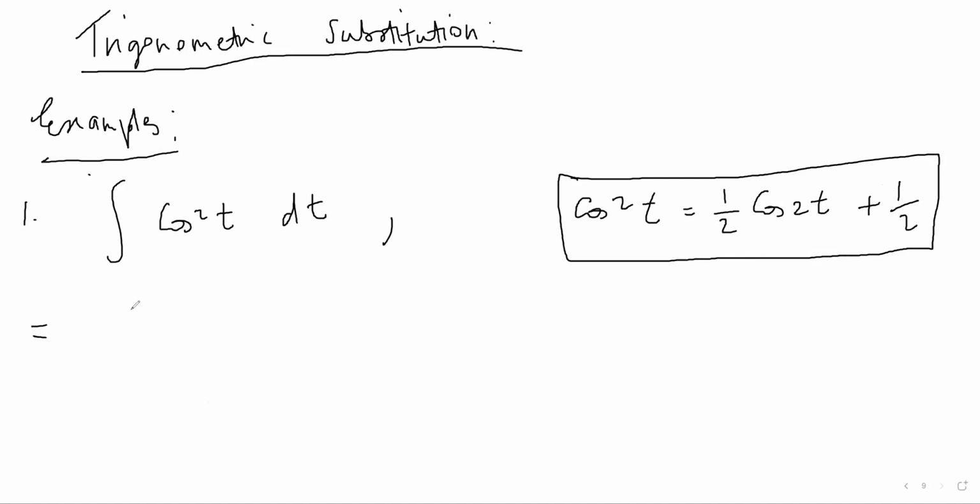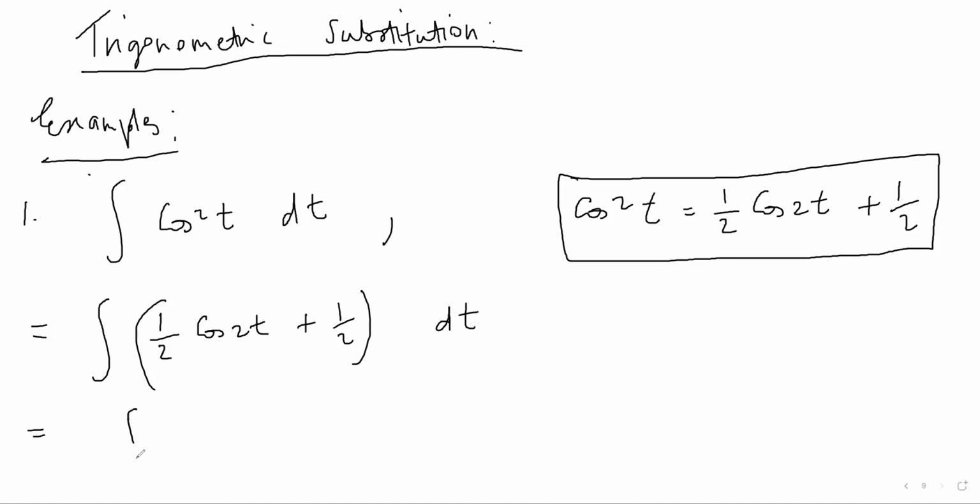We say that this integral here is equal to the following, and it's an indefinite integral, as you can see. In place of cos squared t, we replace that with a half multiplied by cos 2t plus a half, with respect to t. And then obviously we're going to integrate each of these terms.